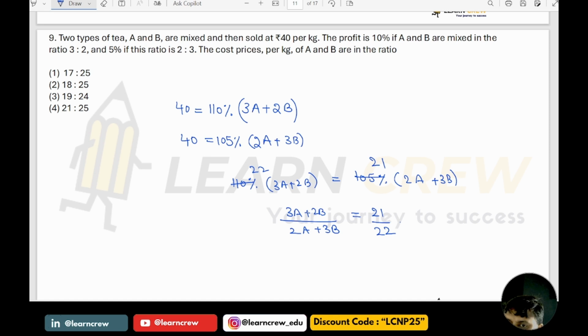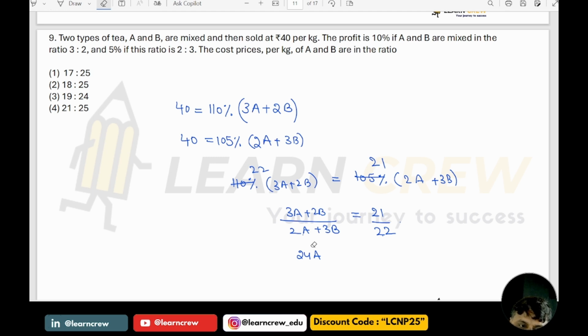So if you simplify this, 22 into 3, 66. 66 minus 42 is how much? 24. Am I correct? Please see here once again.